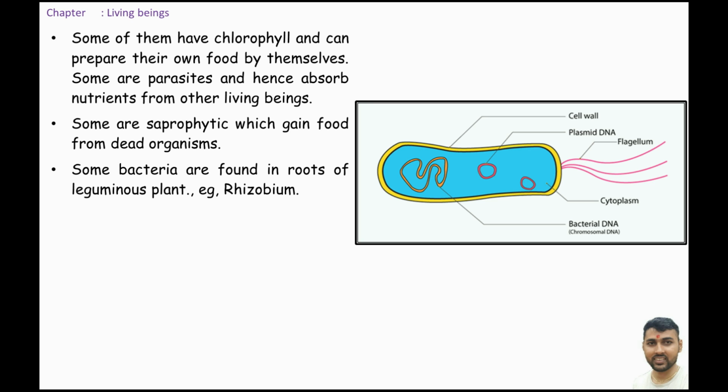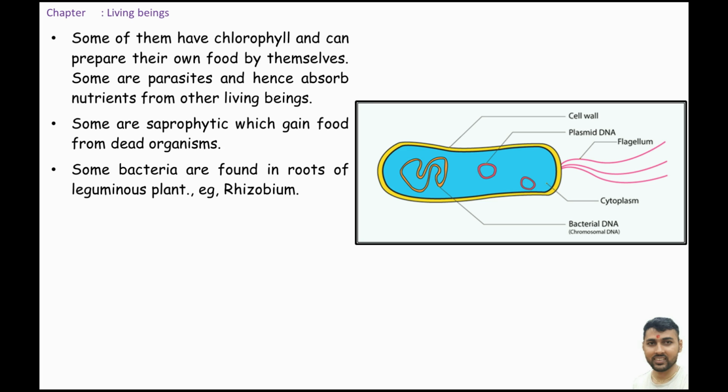Some are harmful. Bacteria cause different types of disease. In the case of human beings, for example, tuberculosis and typhoid. These diseases are caused by bacteria. But some bacteria are also useful, for example Rhizobium. Rhizobium is the name of the bacteria.